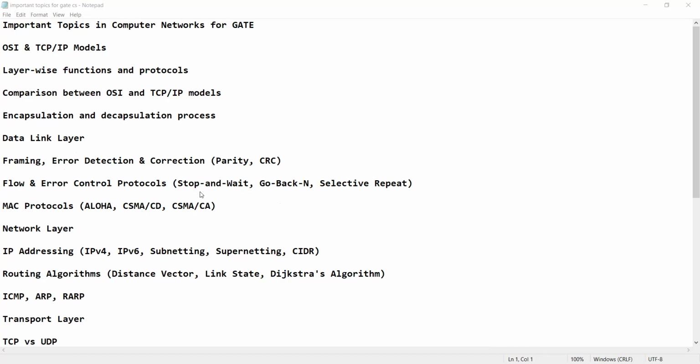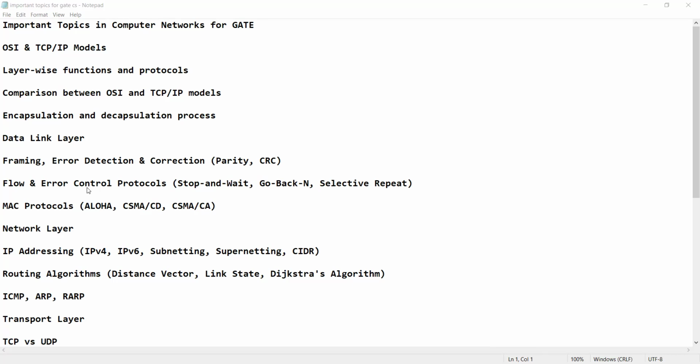Next one, flow and error control protocols. Flow and error control protocols are one of the most important topics in computer networks because every year they will definitely ask one or two questions from this topic. Every year you can definitely see one question from this topic.